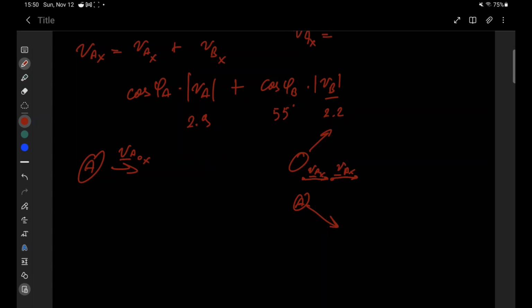The value of velocity A is positive. So yeah, we really have to take care when we look at directions, vector components, and vector component vectors, as well as just the vectors.